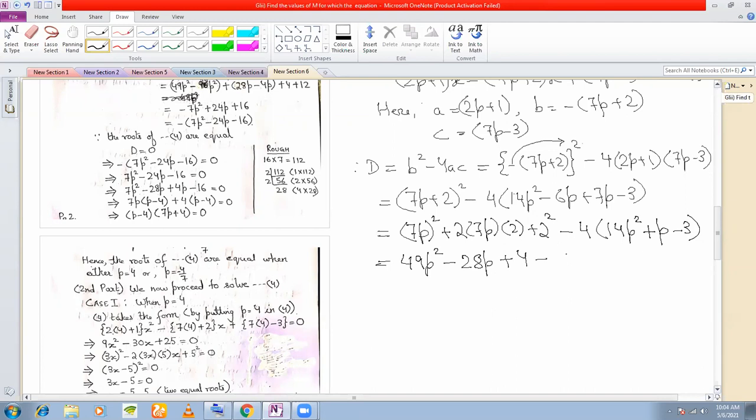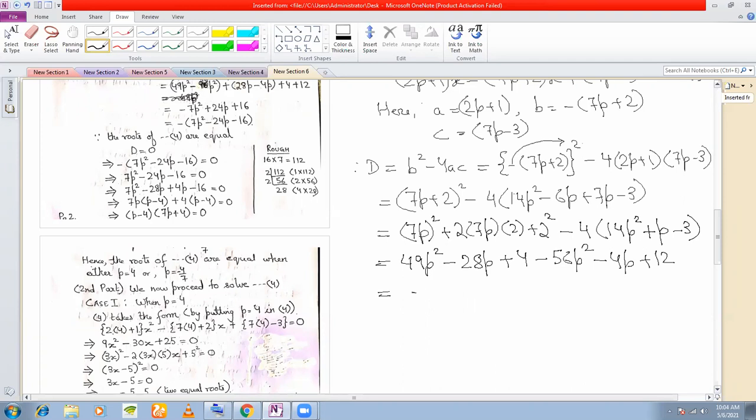And here you multiply with 4 all the terms inside the brackets. So you get 14 into 4, you get 56p square minus 4p plus 12.